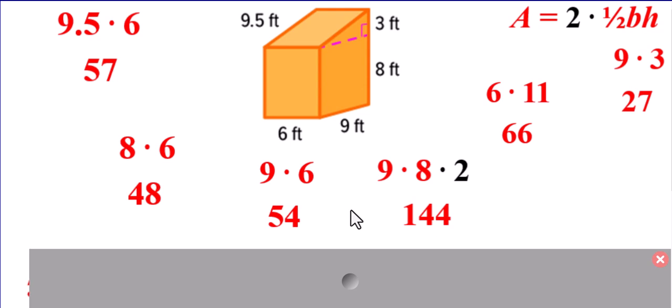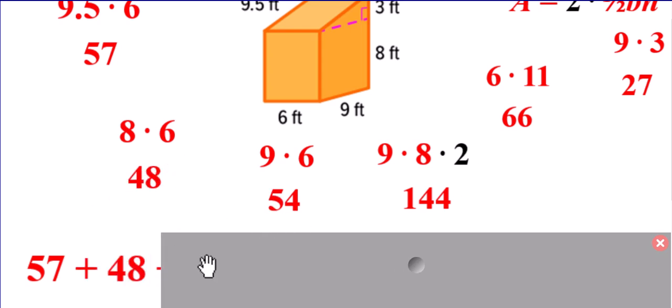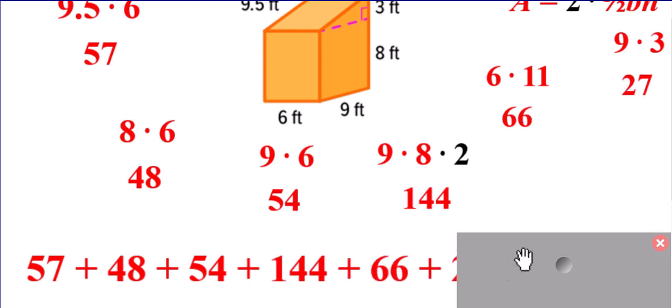All right, the final thing we have to do is add all of these areas together. So are you ready? I believe there's a horizontal line separating this problem from the one underneath. Right above that horizontal line, you can start writing this down with me. We got 57 plus 48 plus 54 plus 144 plus 66, and finally plus the 27 from the 2 triangles.